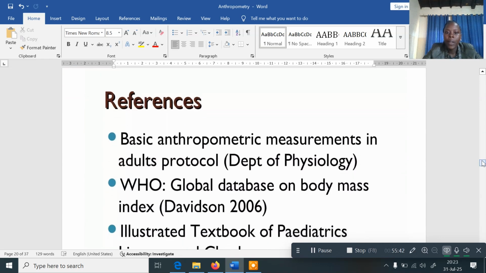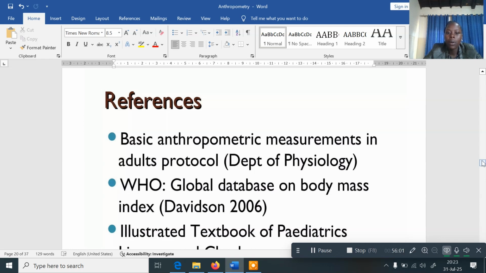So for the references for this topic of anthropometry, you can visit them and read more about these measurements in detail. We have the basic anthropometric measurements in adult protocols.